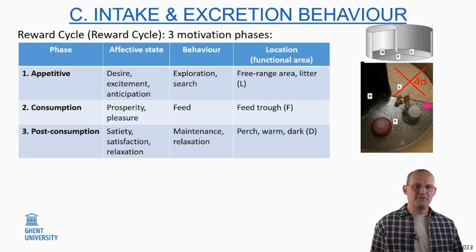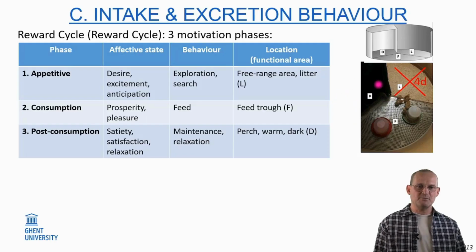They had a zone F with the actual food troughs for the consumption behavior. And then they had a zone D, a warm and dark place with a perch, for the post-consumption behavior. And then they tested what the effects would be of not allowing the animals access to one of the 3 zones, so actually not allowing access for performing appetitive, consumption or post-consumption behavior.